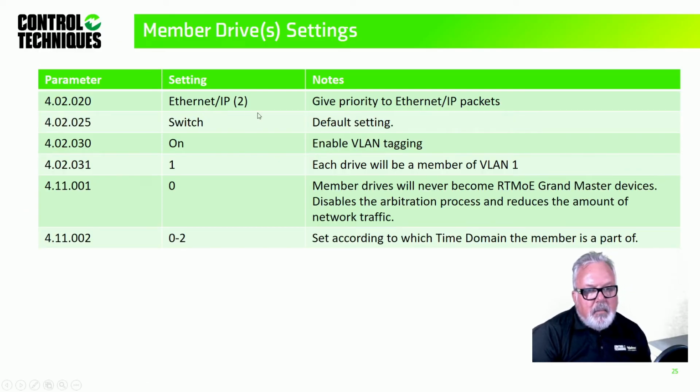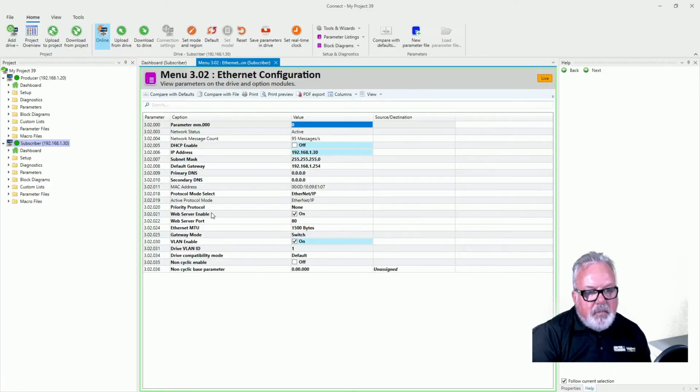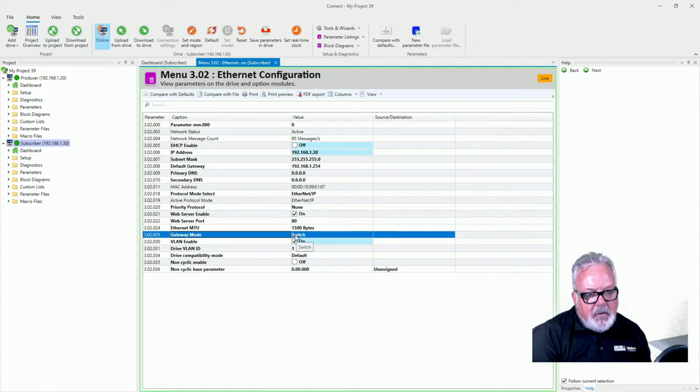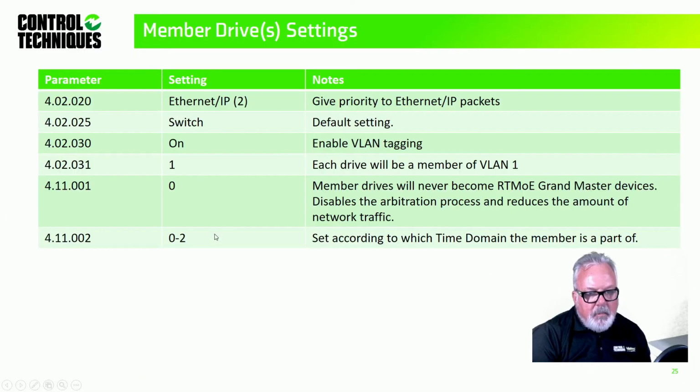Gateway mode, right? Well, I don't care about Ethernet IP again, so I'm going to skip over that. But if I go to parameter 25, I want to make sure that this one is set up as a switch. So I'll come down here. So that's default. You don't need to change anything. So this is a switch now.